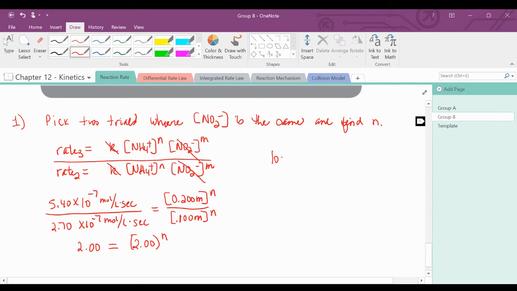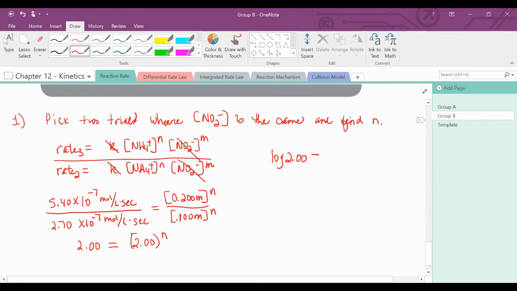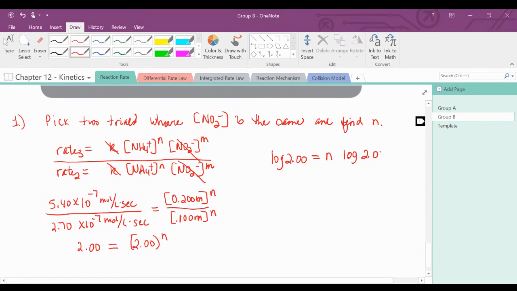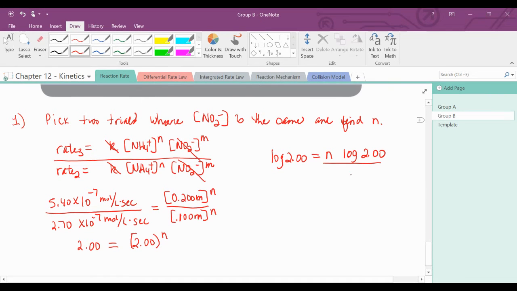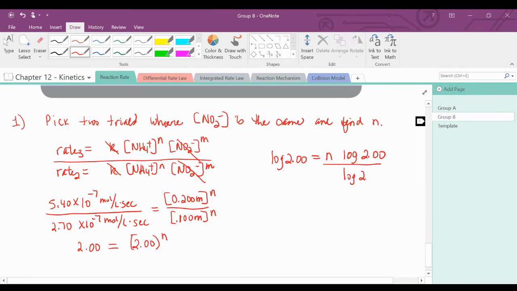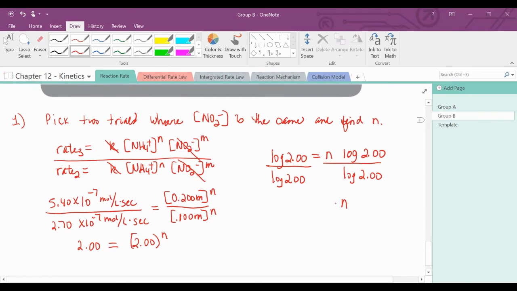So we have the log of 2 is equal to n times the log of 2. Then we want n by itself, so we divide both sides by the log of 2. And so n is equal to 1. So now I know the order of reaction in terms of the ammonium ion.